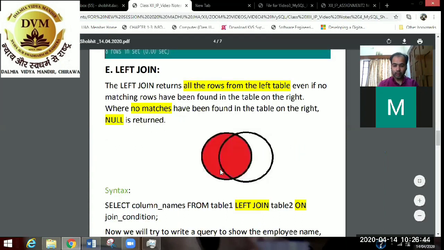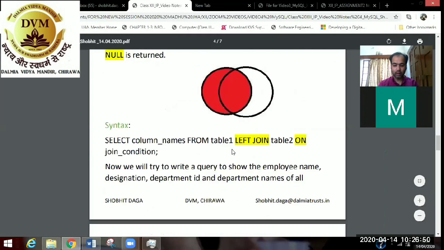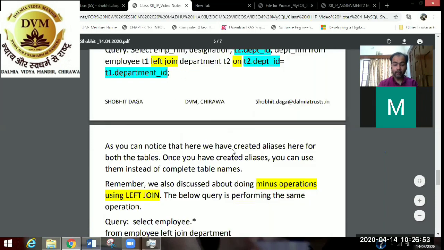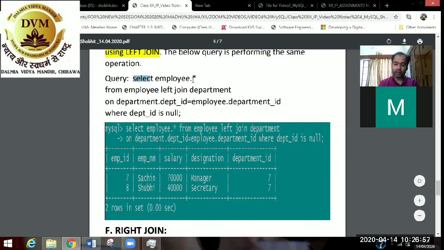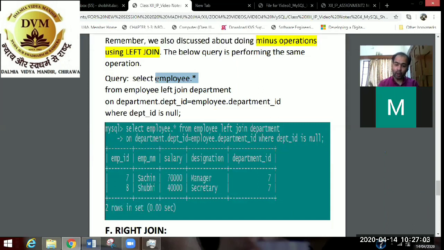So to eradicate this common portion, we'll write the query like this. Select employee.star. Employee.star is again something that you know. This means that all the columns from the employee table will be shown in the output.